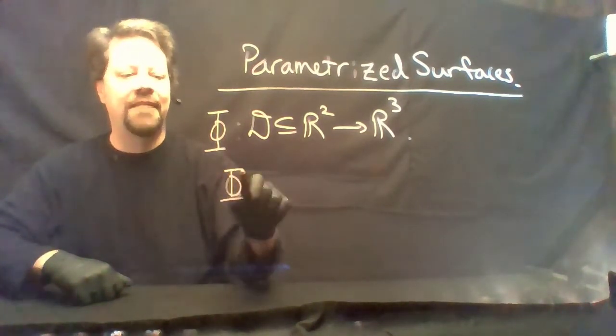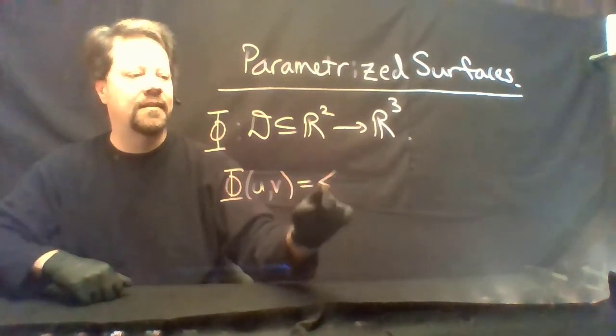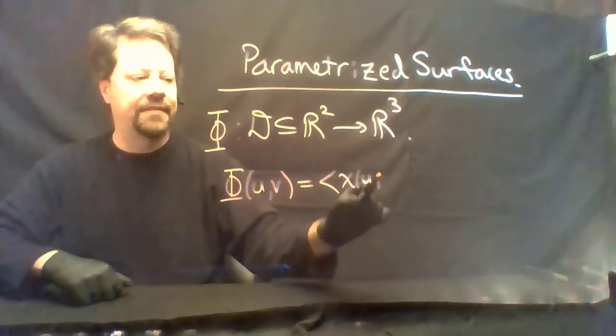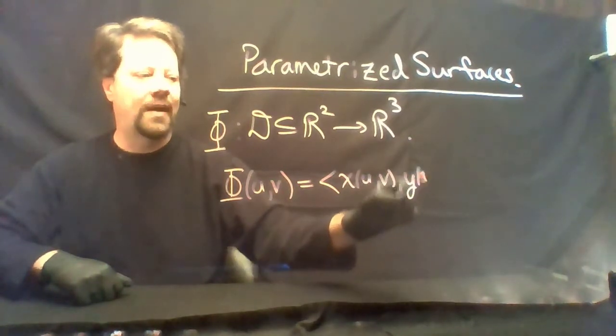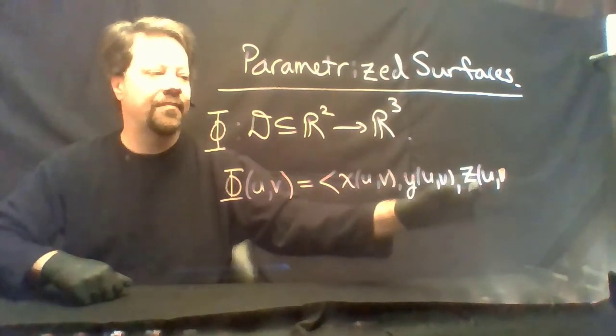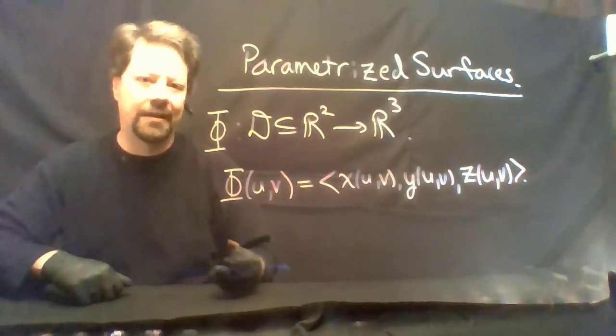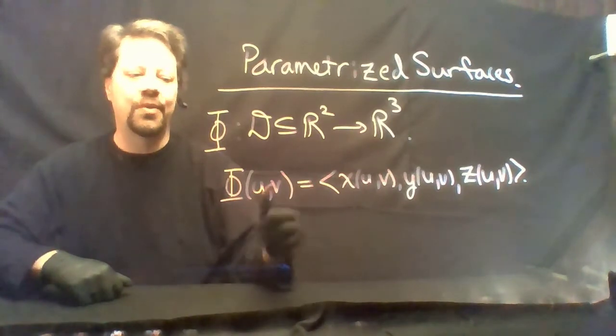They will generally have the form phi of (u, v) equals (x of (u, v), y of (u, v), z of (u, v)). So the x, y, and z coordinates will depend upon the independent parameters u and v.